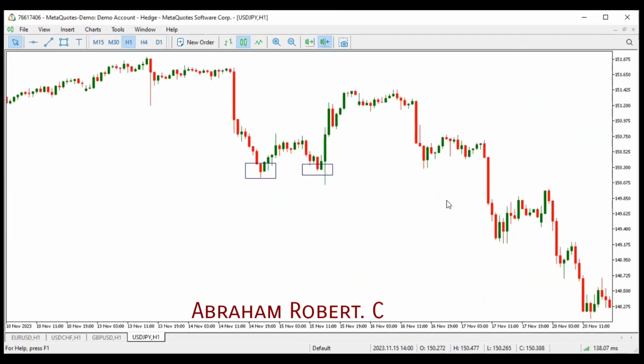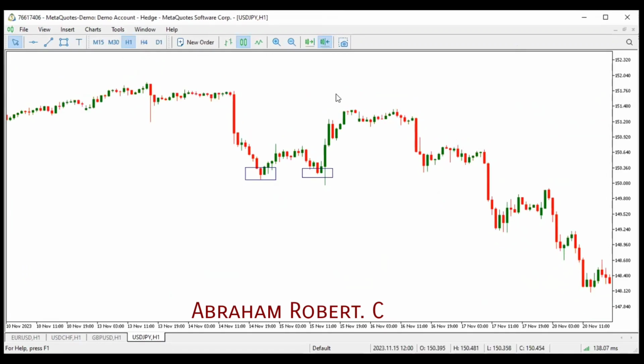Okay, now you can see what happened here. This is the same double bottom, like I told us that the resistance level must be broken and retested.